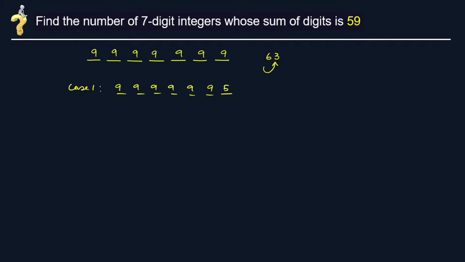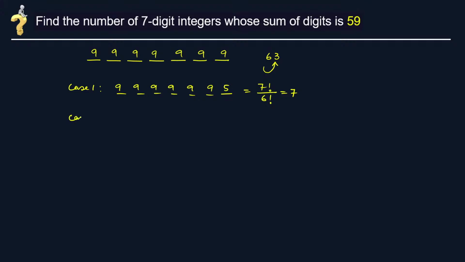If this place is filled with 5, then when you add all these numbers, you are going to get 59. So how many such numbers can be formed? Simply arrange all those digits in the 7 places. That can be done in factorial 7 divided by factorial 6, which is equal to 7 different ways, because 6 nines are identical, that is why I have divided by factorial 6.